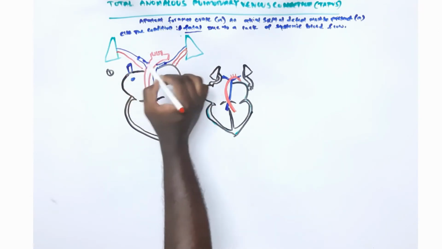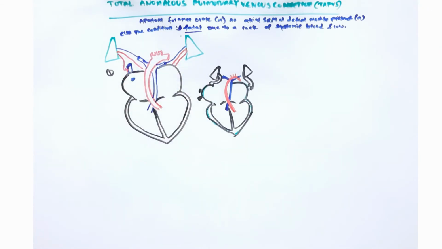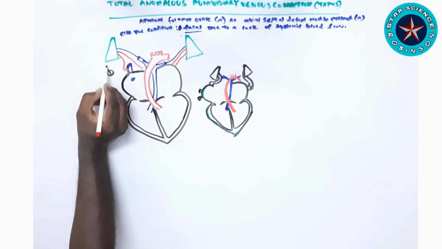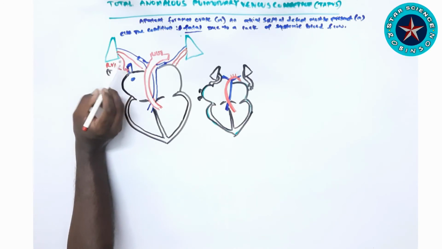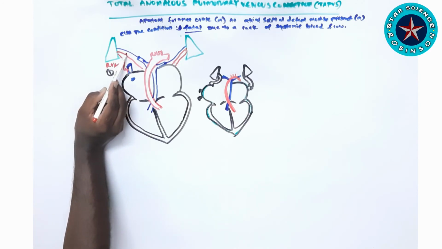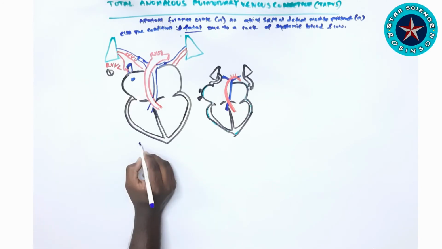Through that the O2 blood will go and mix with the CO2 blood in the right atrium. This is the right pulmonary vein lower, and just a correction, I have written RV here but it is RPVL, that is right pulmonary vein lower.